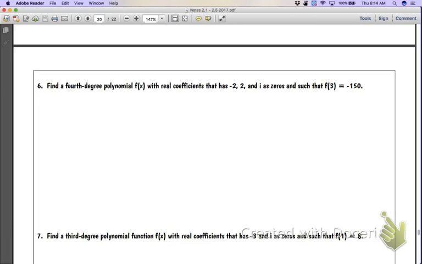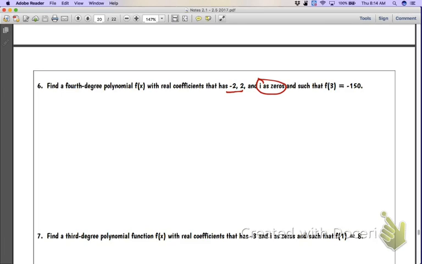So whenever I have a fourth degree polynomial, the biggest thing is they will give us at least a certain amount of real coefficients, and then they may give us an imaginary number. So there are times, like in this case, number 6, that it says find a fourth degree polynomial. So that means my power is going to be to the fourth power. Okay? But what they give me is only 2 real values, and then it says that i is a 0.